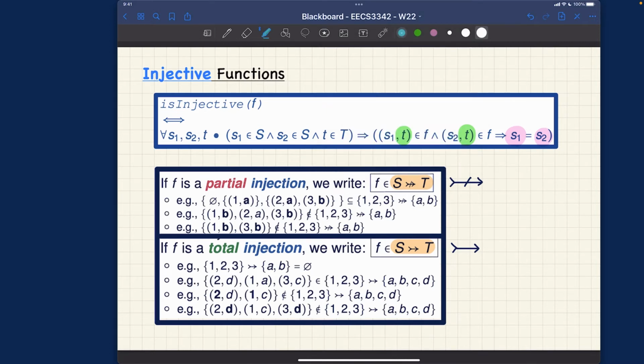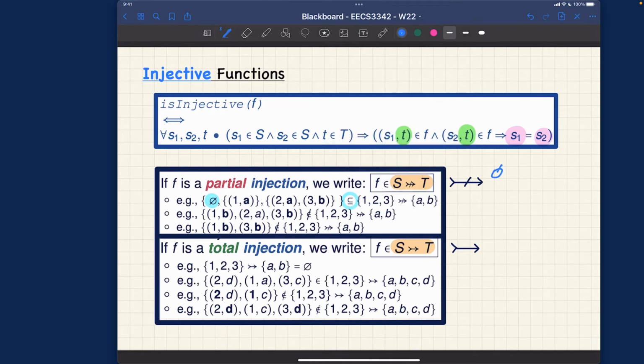The first one, and you can see I'm using a subset relation again, which means I'm giving you multiple examples. The first one, the empty set. The empty set is actually a partial injection. Why? Let me start with the empty set.